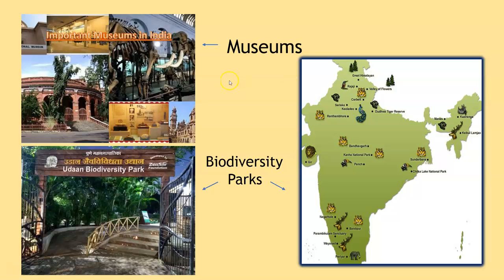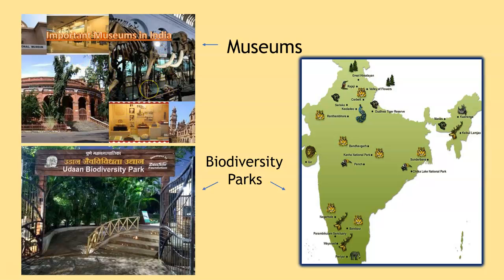Then the next taxonomic aids are the museums. Most of us must be aware of museums. You have different types of museums. You have museums related to plants, related to animals, extinct animals, and also information on living animals. There are certain museums which have the entire evolutionary history, certain museums which have the archaeological history.